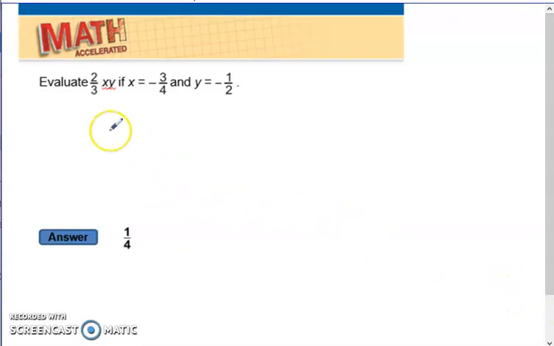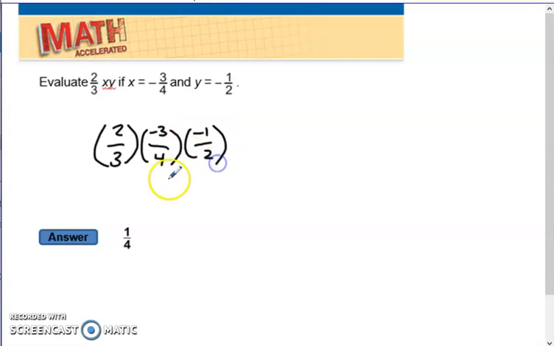Okay, try this one. We've got 2/3 times -3/4 times -1/2. Now notice we've got 2 negatives, so our answer will be positive. Okay, and I see that I've also got some 3s in there. So I'm not even going to worry about these two since they both cancel out.